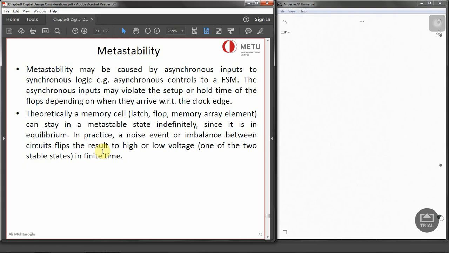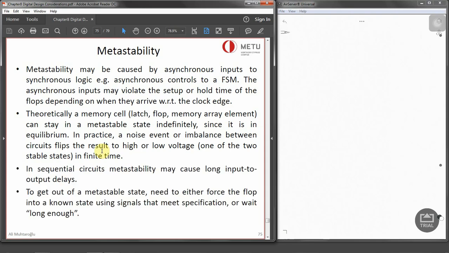In practice, a noise event or an imbalance in the circuit flips the result to a high or a low voltage. In sequential circuits, metastability may cause long input-to-output delays, because the flip-flop might switch late or not switch at all.